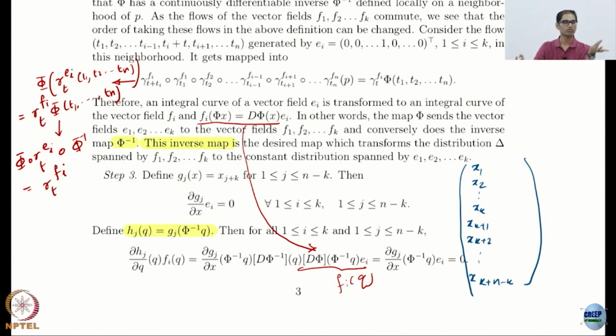I got a very nice coordinate change, and I constructed the annihilator in the new coordinates, then I took that annihilator back in the original coordinates, that's it. The process is simple, notation is complicated. And so what have I done? I started with involutivity, and I proved that I have integrability, complete integrability.